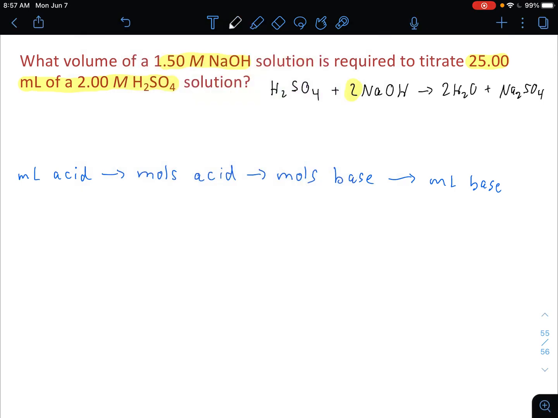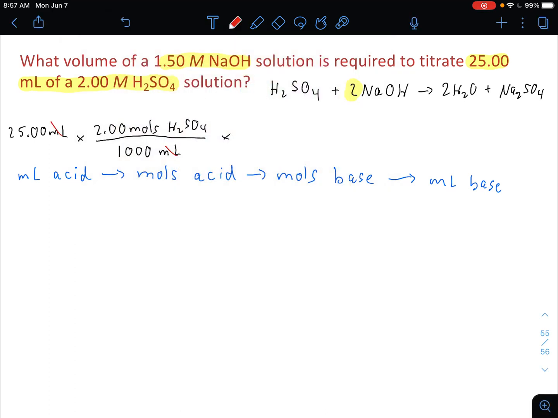Okay, so here we go. 25 milliliters times 2 moles sulfuric acid per 1,000 milliliters. Oops. So let's see.